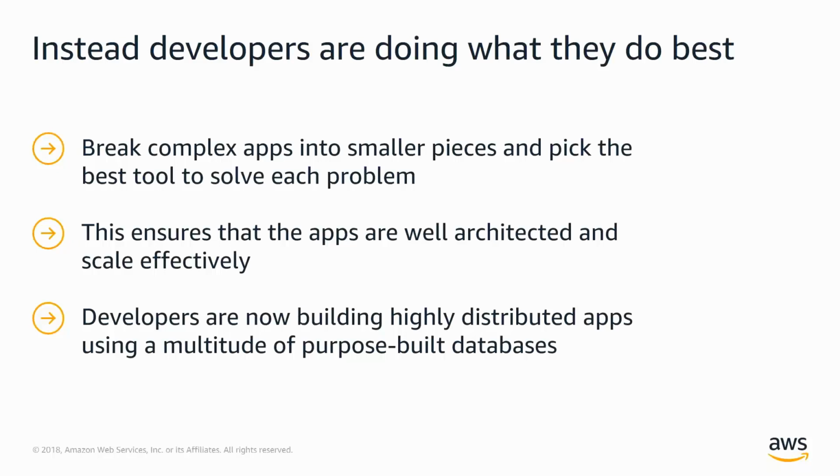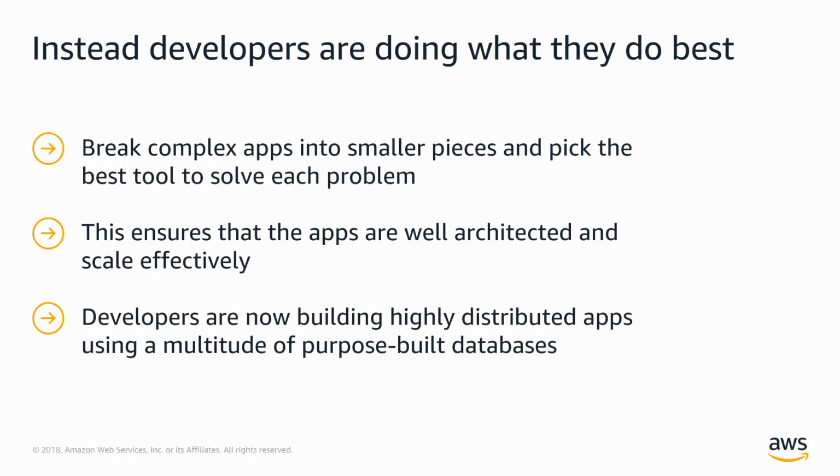Since we don't have the licensing issue anymore, that allows a lot of our customers to experiment with these different types of databases and learn more about them and determine which ones will make the best tool for what they're actually trying to create. This will help to ensure that the apps are well architected and that they scale effectively because they're purpose-built, right? Developers are also building highly distributed apps using a multitude of purpose-built databases.